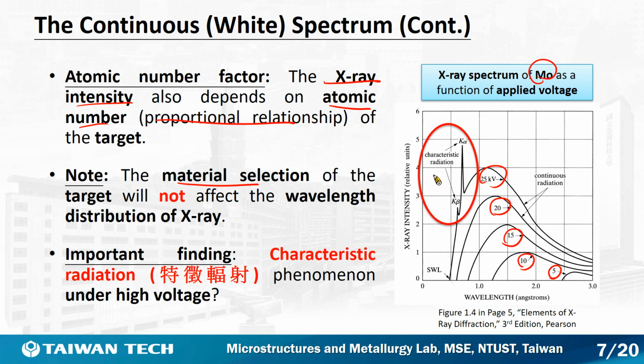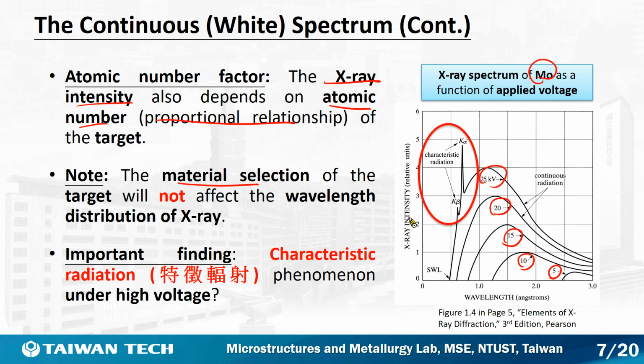The mechanism for a continuous spectrum is the generation of X-ray. And X-ray is composed of different wavelengths because the electrons experience different degrees of deceleration. Okay, if you choose different materials, they will show the same wavelengths and X-ray distributions.